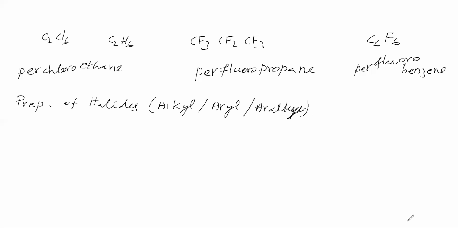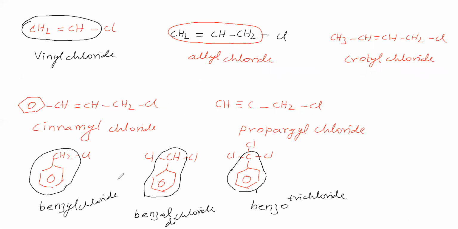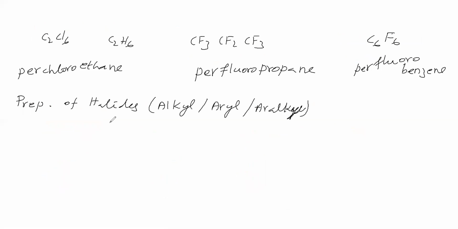Benzyl chloride, benzal dichloride and benzo trichloride are called aralkyl halides, because the aromatic phenyl ring is there and CH2 is there. Sorry, in this alkyl halide, the functional group is a triple bond. So how to prepare halides, we'll see.